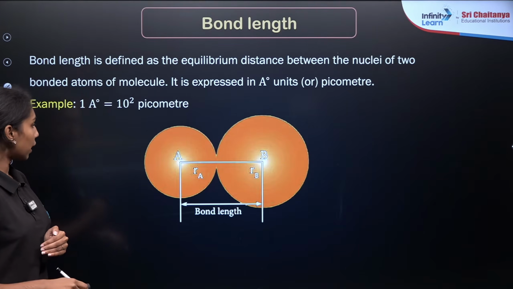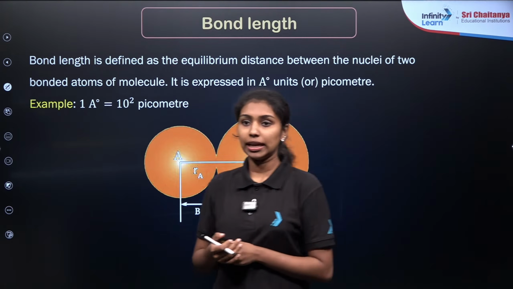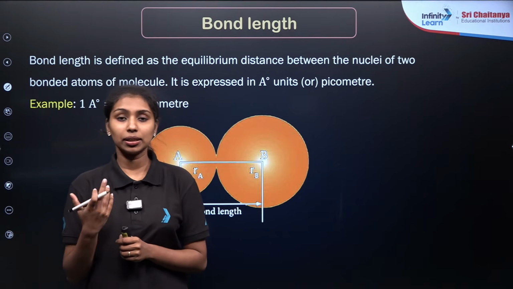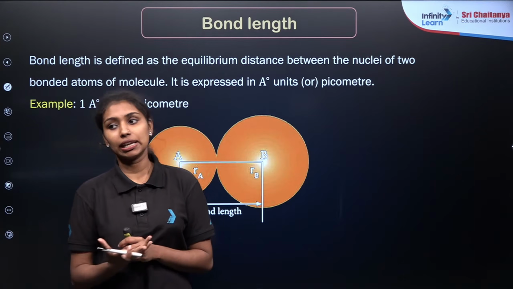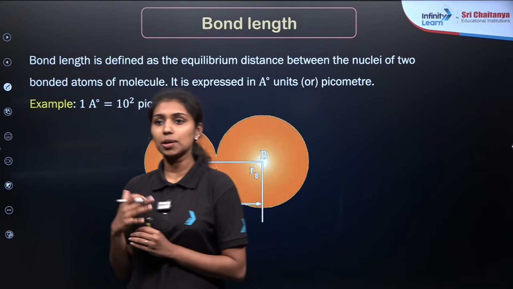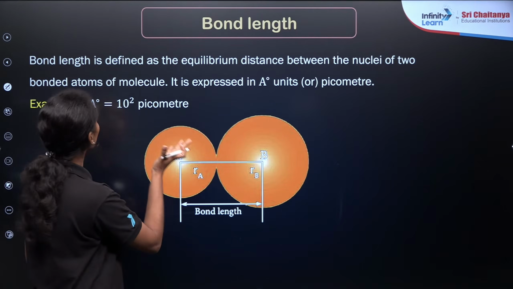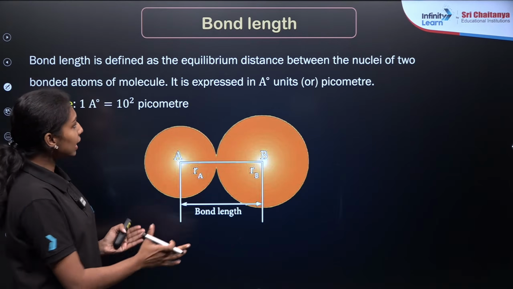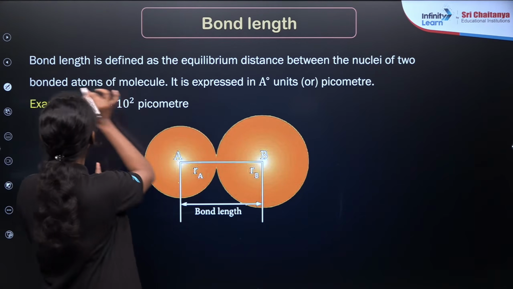So here is our first parameter. What do you mean by bond length? In the periodic table chapter we have already seen the radius. Similarly here, we express the radius or length of the bond in terms of bond length. I hope you can see the image here. These are the two atoms. The bond length is defined as the distance between the nuclei of the two bonded atoms.